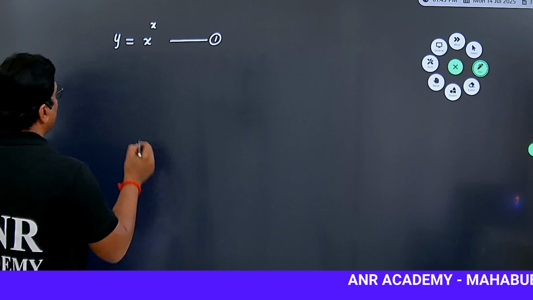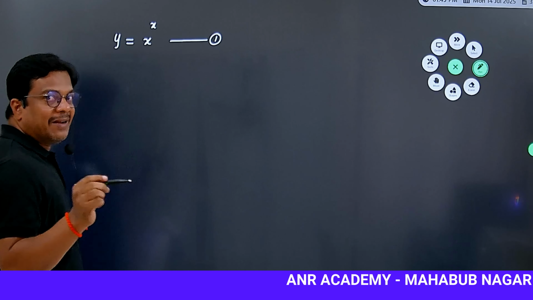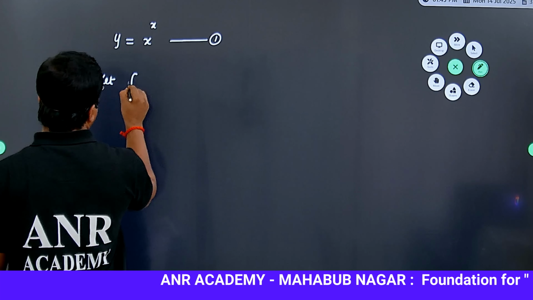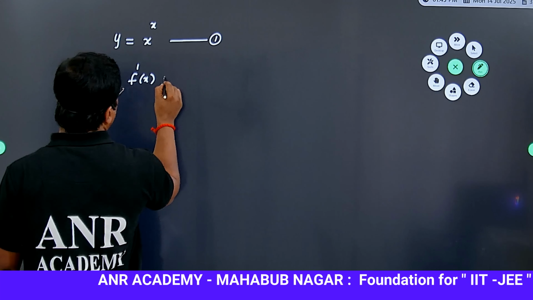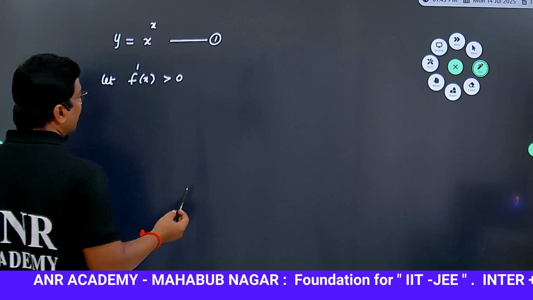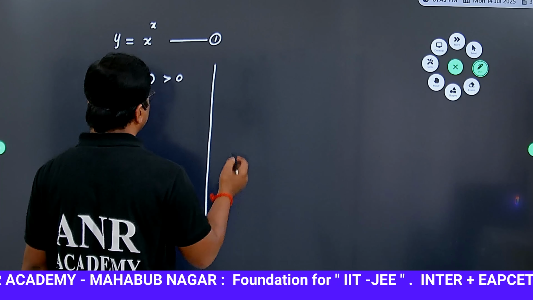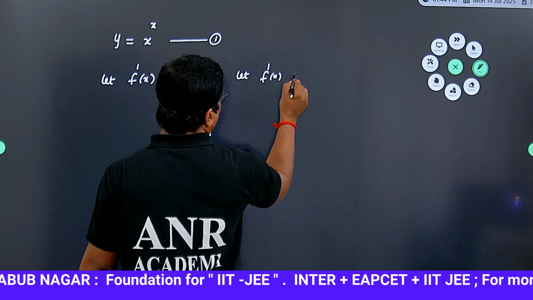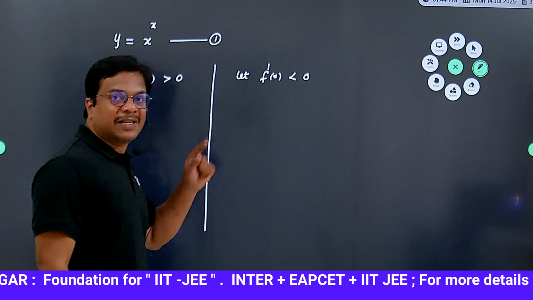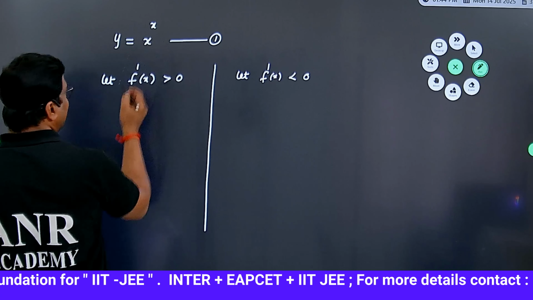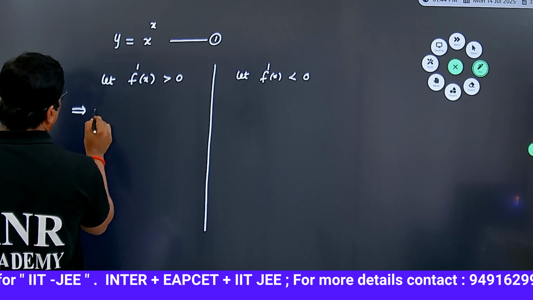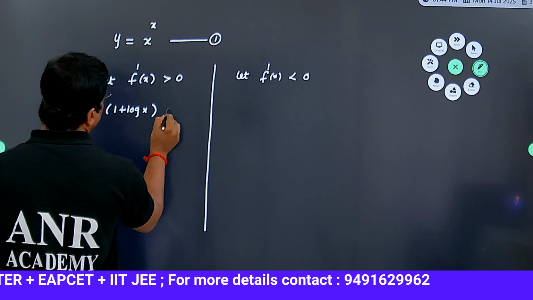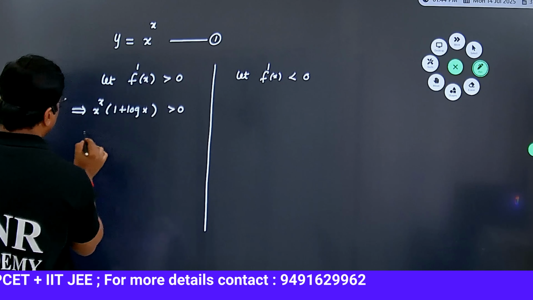See here, to get the interval in which the function is increasing, let its derivative f dash of x be more than 0, and to decide the interval in which the function is decreasing, put its derivative less than 0. We know that the differentiation of x power x is x power x into 1 plus log x, more than 0 in the first case.